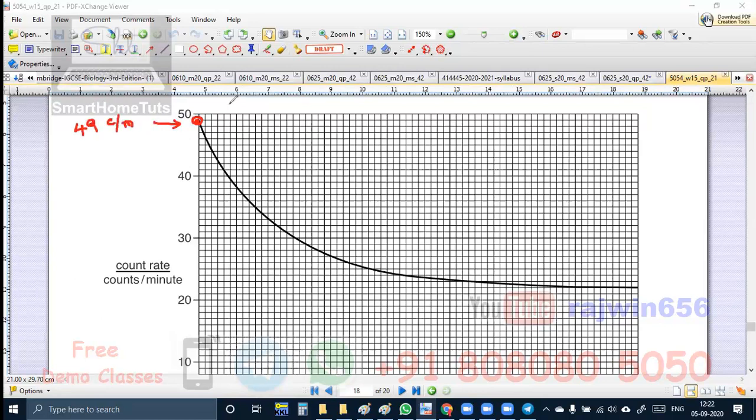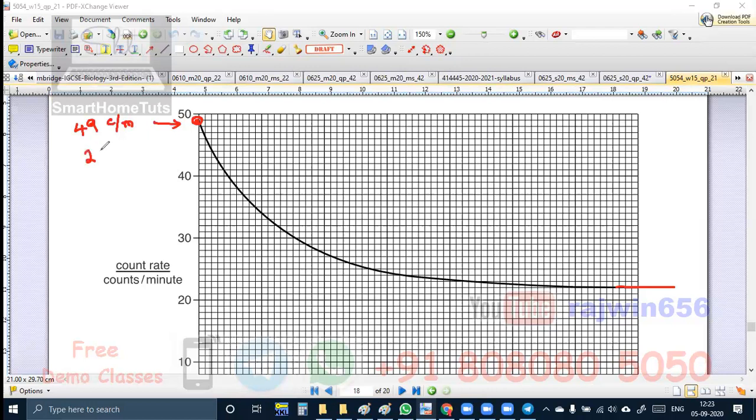Now out of that, 22 is already background radiation, so I'm supposed to subtract it. This 49 is background radiation plus the count rate of the radioactive substance. Together that is 49, and 22 of that is background.